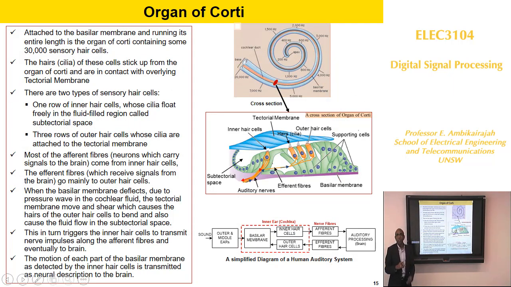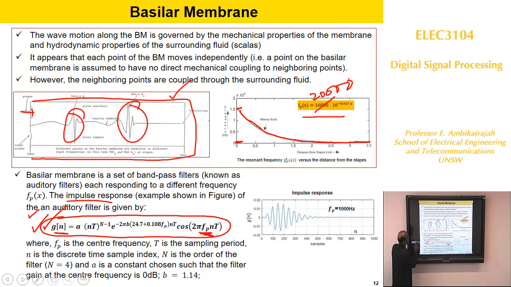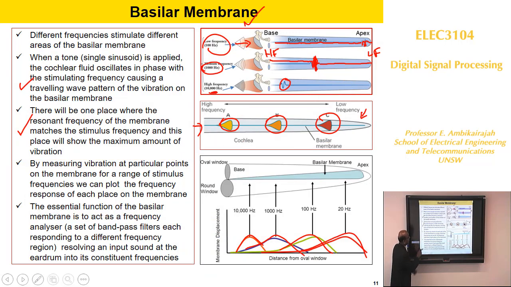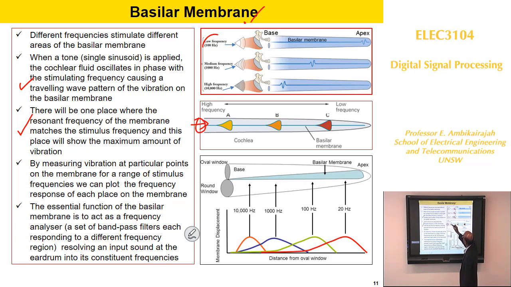Next part you want to know is what we call the organ of Corti. So as I said to you, when the signal travels along the membrane, let me just go back 2 steps, just to get a feel for it. So if you go back here, there are three sine waves here, and they're traveling, and it's causing vibration there on the membrane, and here and here.